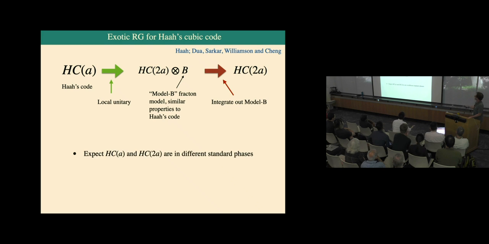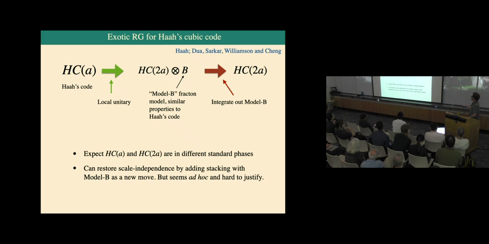Instead of toric code layers, we get something called model B, which is another fracton model whose properties are actually very similar to Haah code, at least roughly speaking. And we expect, although I don't have an argument that I've written down in full precision, that these two models are also in different standard phases.